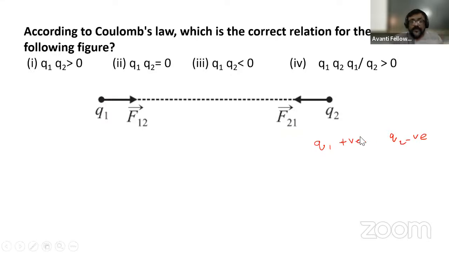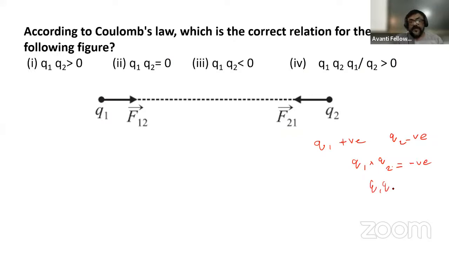If I take Q2 as positive, Q1 will be negative. So what is Q1 into Q2? A positive number multiplied by a negative number. Definitely, the product of a positive and a negative number will be a negative number. So Q1 Q2 is negative.